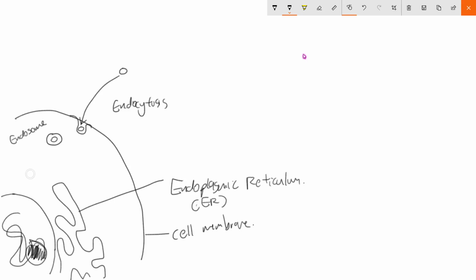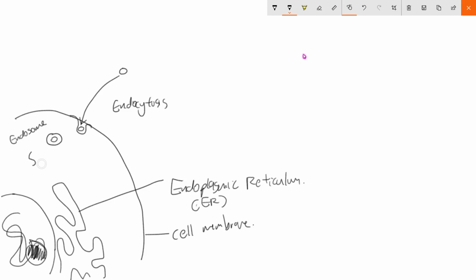In the endosome, the Zika virus actually uncoats. The capsid protein, if we recall from earlier, now uncoats, and the plus strand RNA viral genome is released into the somatic cell.